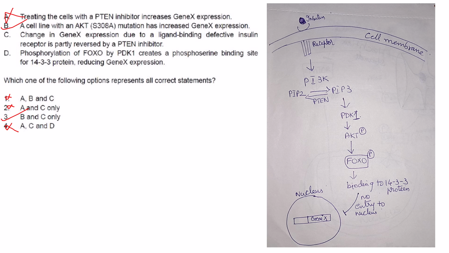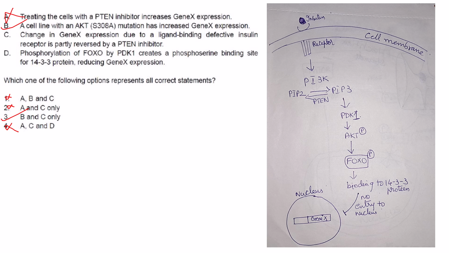So what is happening when this receptor itself is defective such that it cannot bind insulin? PI3K AKT pathway is inhibited. FOXO will not be phosphorylated. Gene X expression takes place.